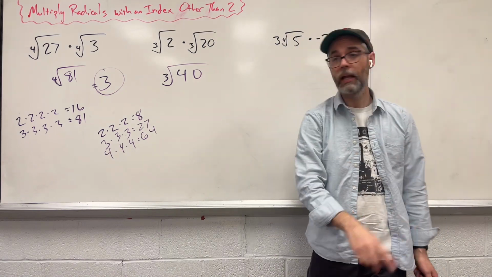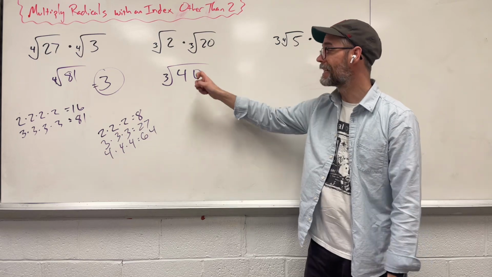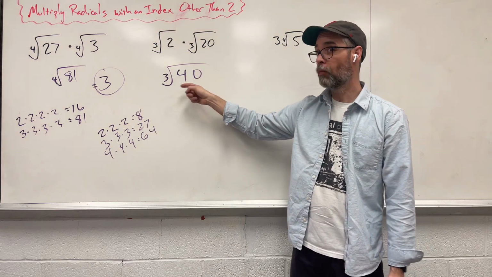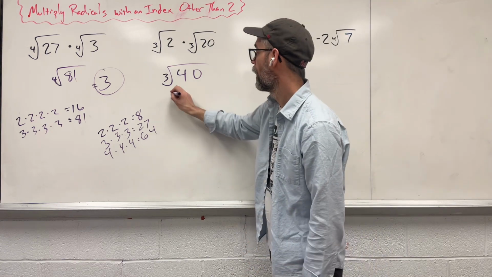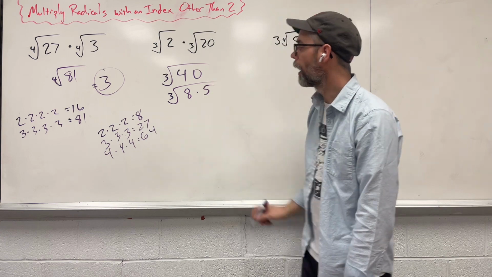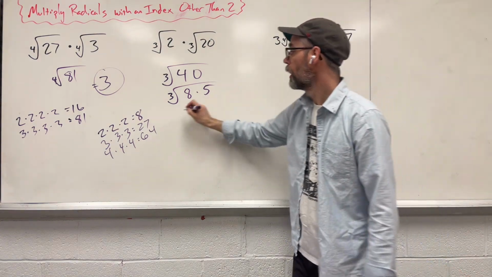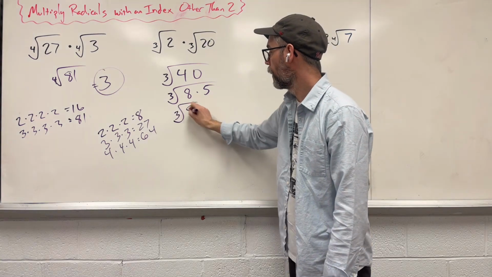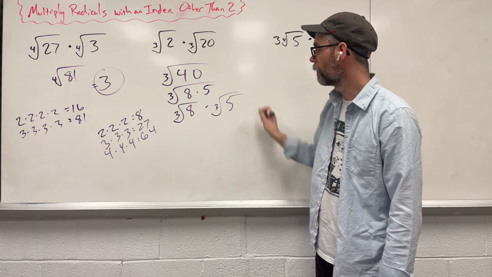So my question now is, are there two numbers I can multiply together to get 40? One of them, hopefully, being one of these numbers here. And there is. I could say 8 times 5. So 8 times 5 is the same as 40. Cool. I can also rewrite this another way and say the cube root of 8 times the cube root of 5.